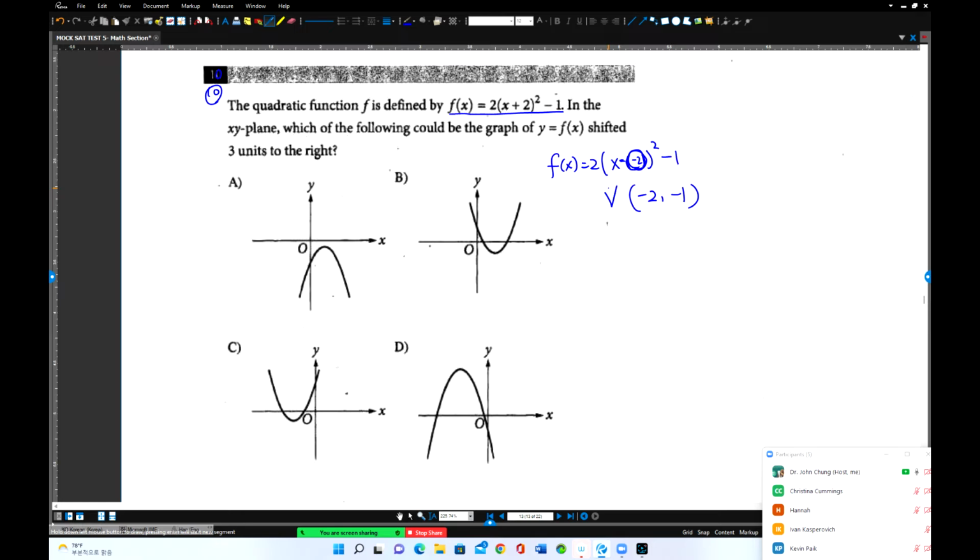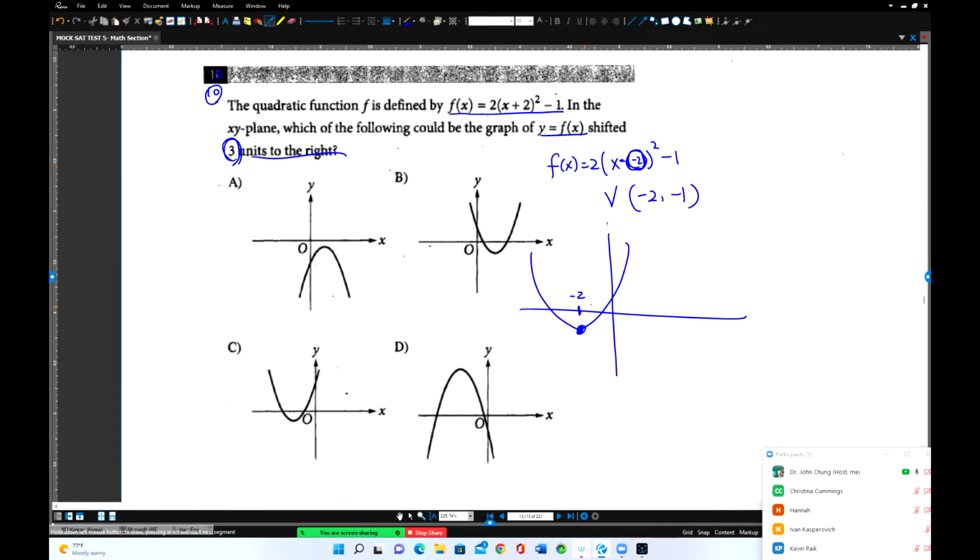Okay? But we have to move this graph to the right. What happens to the vertex when it moves to the right? This vertex is at negative 2 and negative 1. But this graph moved to the right by 3 units.